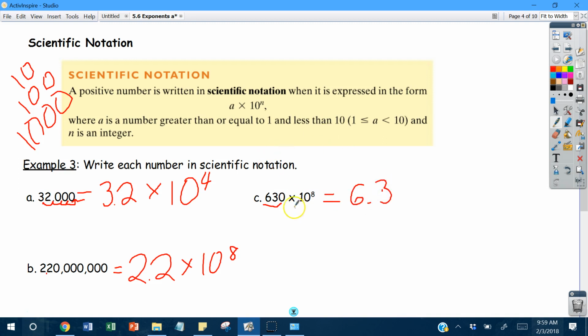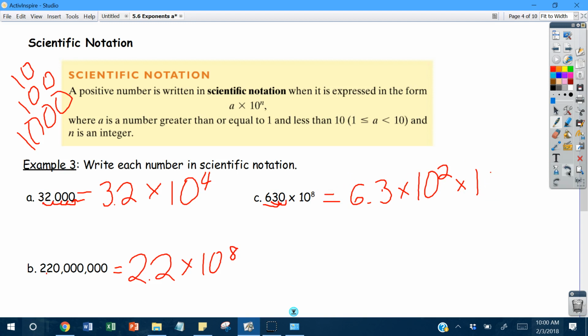But then I've also got a 0 here at the end that I need to take care of. So if I wrote this as 6.3, I need to multiply it by 100, 2 zeros, to get that 630 back. So maybe we can write it like this. I need to multiply it times 10 to the second to get that 630 back. But I'm also multiplying it times 10 to the 8th.